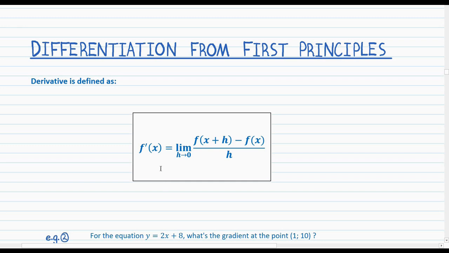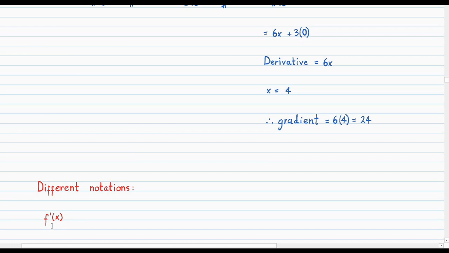So the first of these is this f apostrophe term, which is read as f prime x. And here are a few other terms which mean the exact same thing. One is y prime, which I guess makes sense because f of x and y are often used interchangeably.